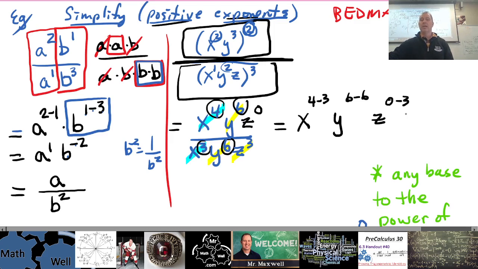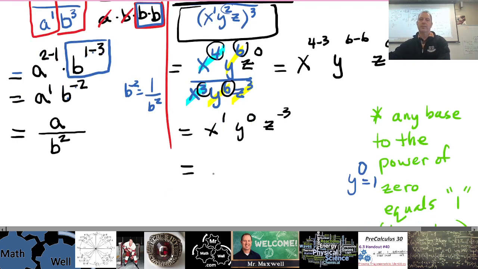What that means is x to the 1, y to the 0, and we'll talk about this in a second, z to the negative 3. Or this is x on top, z cubed on the bottom, and whenever you have a variable or a number or anything really to the power of 0, it always equals 1.